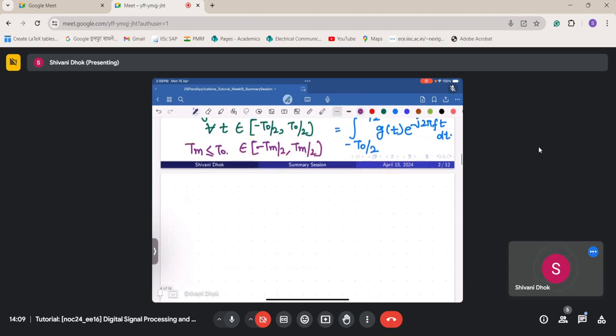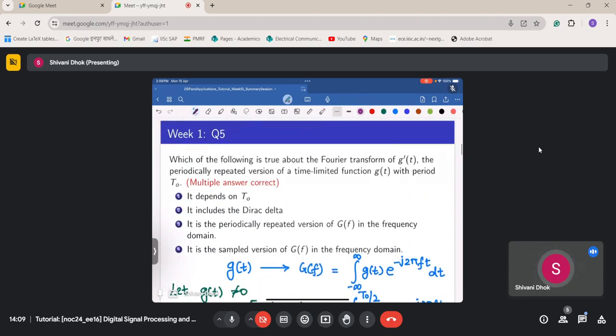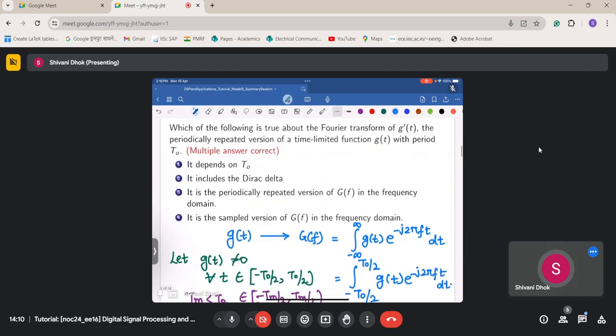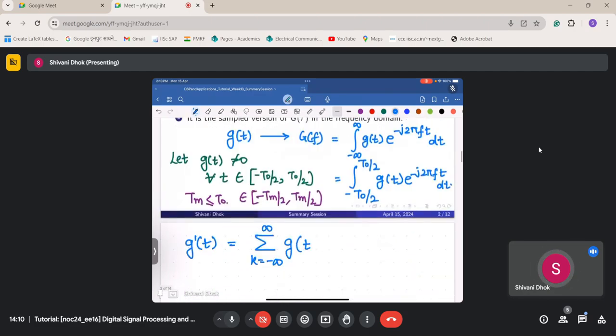Now what is mentioned is that g prime t is the periodically repeated version of this time limited function g(t). So I can write g prime t as the summation over k from minus infinity to infinity of g(t minus k T naught), since it is repeated at every time instance of T naught.